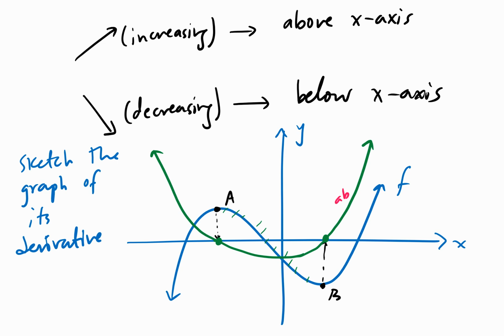So this is above the x-axis, here below the x-axis, because it's decreasing. Because the blue graph decreases, the graph of the green one should be below the x-axis. If the graph of the blue is increasing, the graph of the green one is above the x-axis.